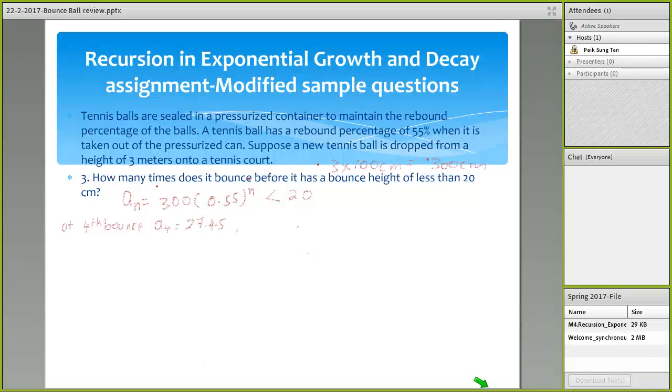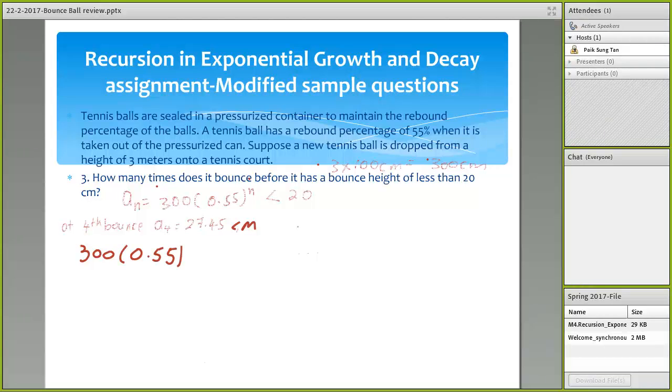So therefore, I know it's either the fifth bounce or the sixth bounce, right? That's not much. So how many times does it bounce before it has a bounce height of less than 20 centimeter? At the fourth bounce, I know it's 27.45 centimeter.